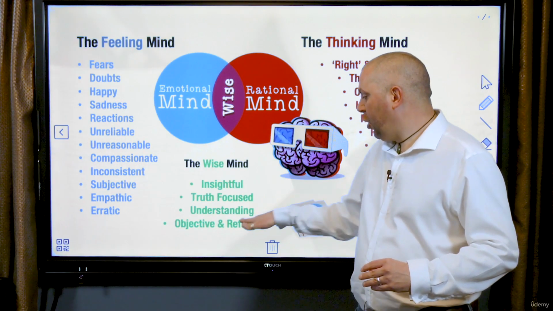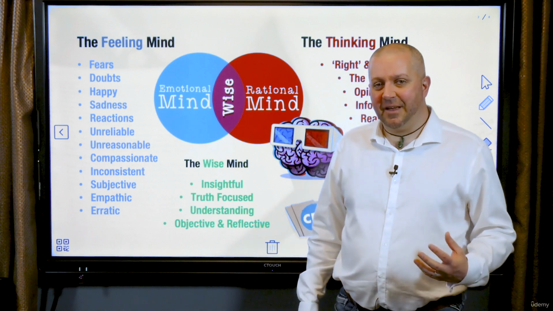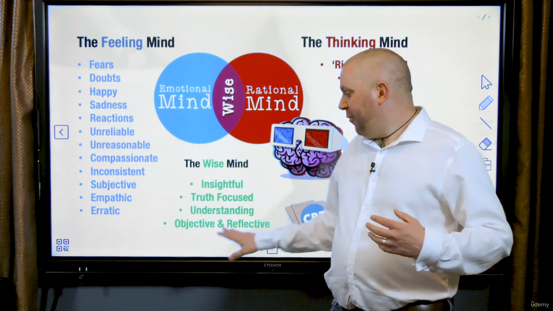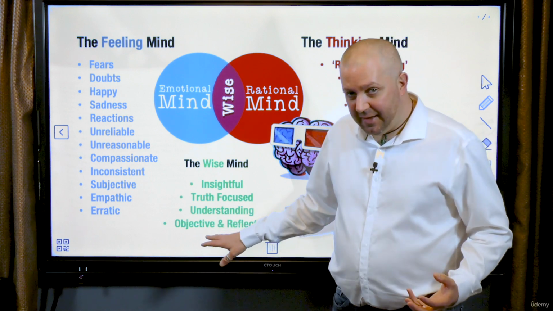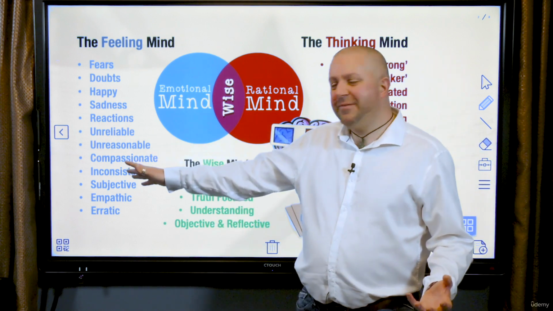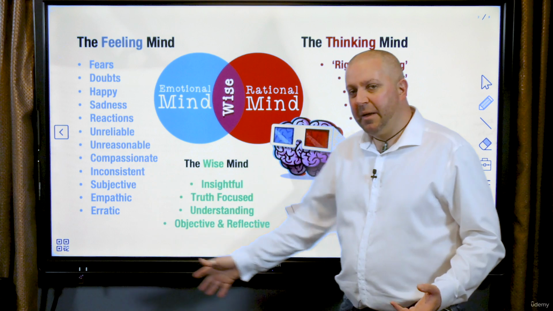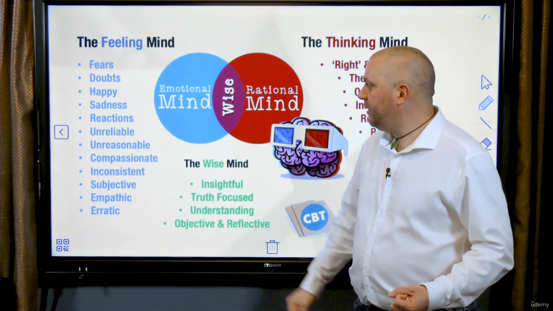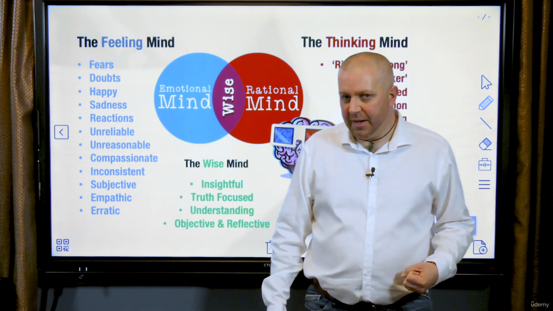So we've got to get good at reflecting. We've got to get good at operating from this place of objectivity in life, not having an opinion about objectivity, and certainly not living in a place of subjectivity, because this is what it means to operate outside of the wise part of our mind.